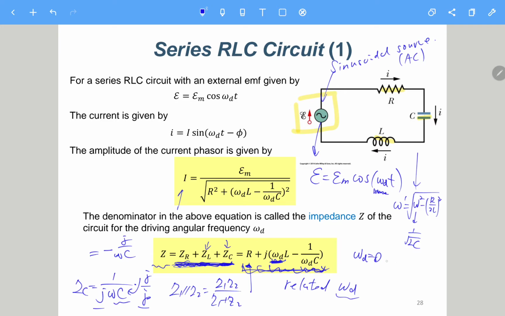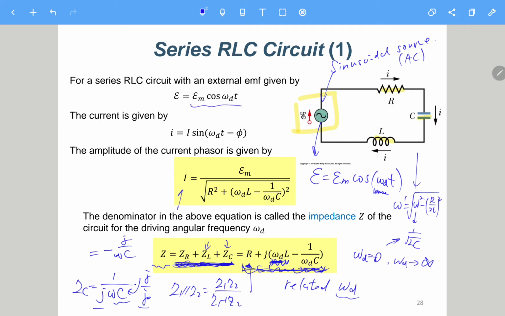The other way around, if omega_d tends to infinity, this term tends to infinity, so Z also tends to infinity, making the current very small. But if omega_d is close to the natural frequency, then we will have a large current there.